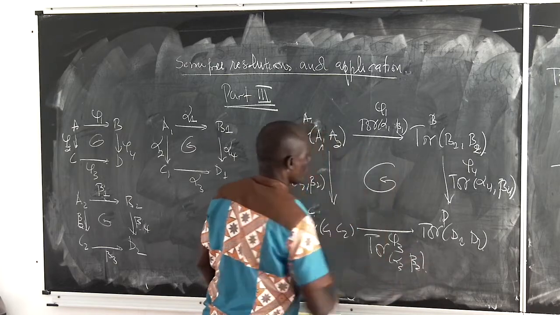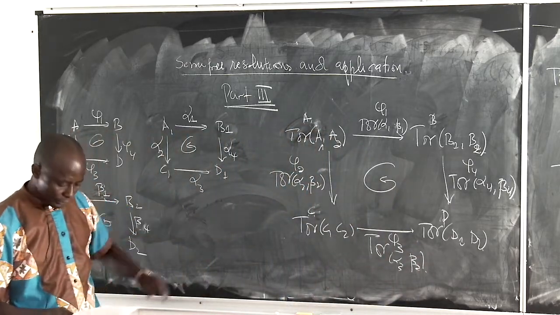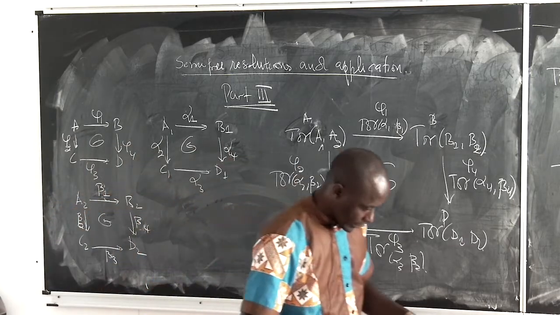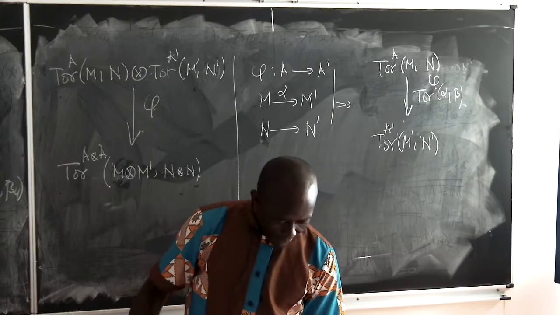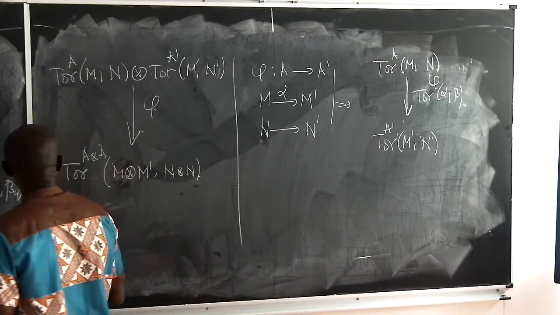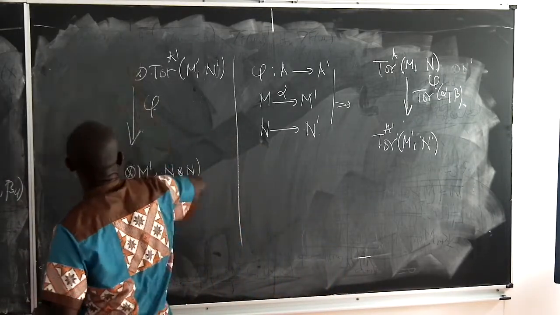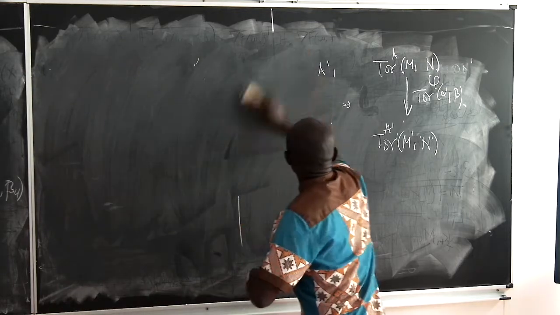This diagram is commutative. We saw it yesterday. Okay. Now that I have reminded all these results, let us move to the next part.